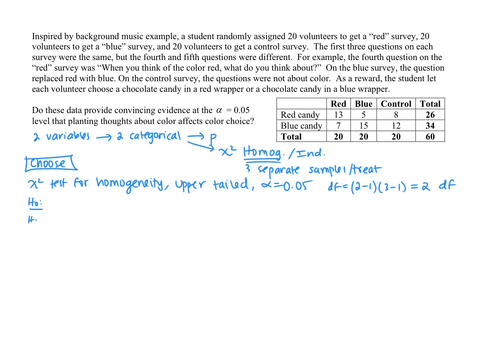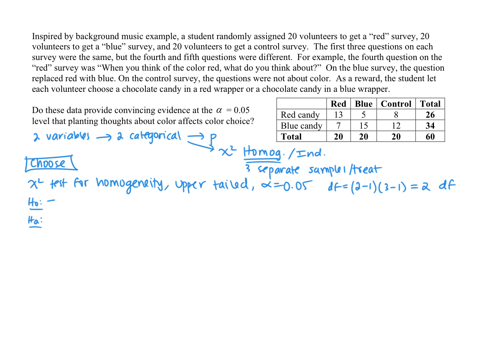So now we're going to do the null and the alternative. You're going to like this, I think. The benefit to a chi-square test for homogeneity or independence, there's no parameters. You don't have to define a p or a mu or anything like that. It's just in words.